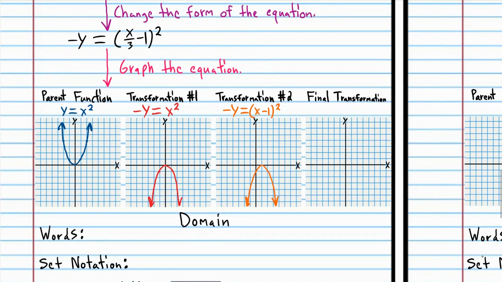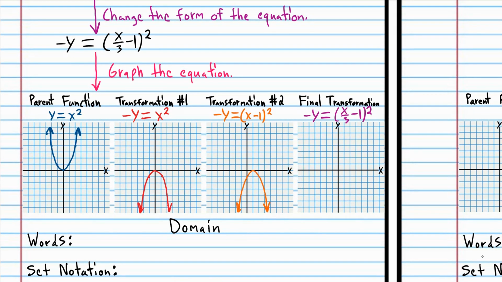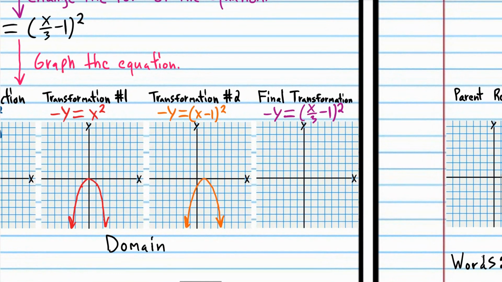And that moves 1 to the right. And then I'm going to replace x with x over 3. And we need to multiply all the x values of the points of the previous graph by 3. And we get the following graph.